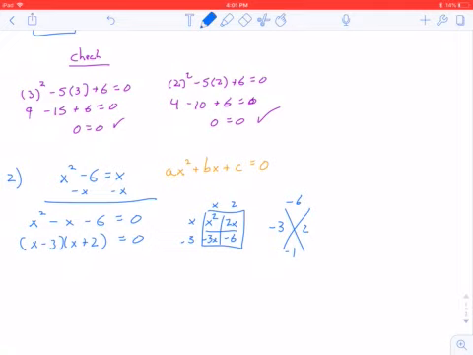Now, by the zero factor property, the only way x minus 3 times x plus 2 can equal 0 is if at least one of those two factors is 0. So we set each factor equal to 0 and ask, what would x have to be? Here x would have to be 3, and here x would have to be negative 2. We could check, and this would work out.